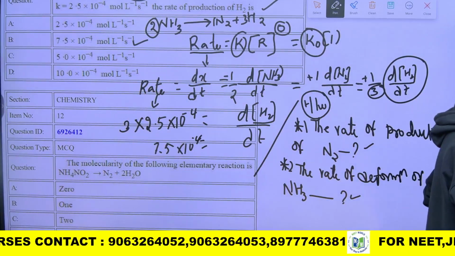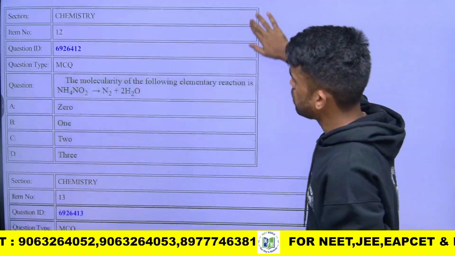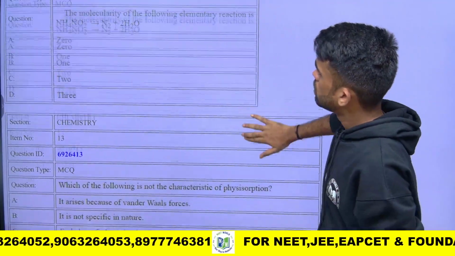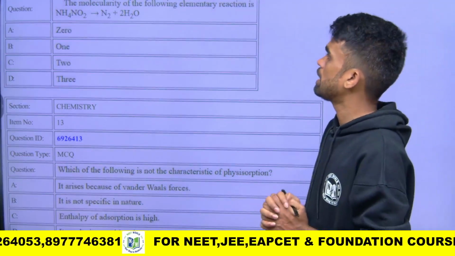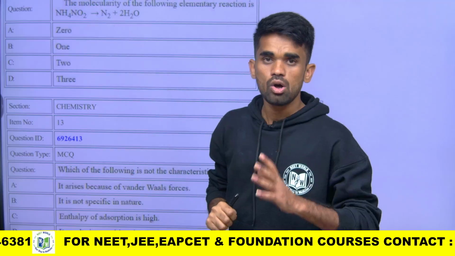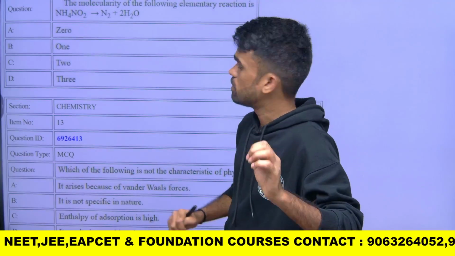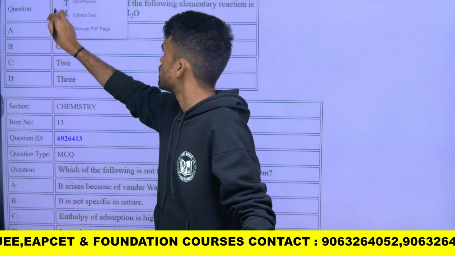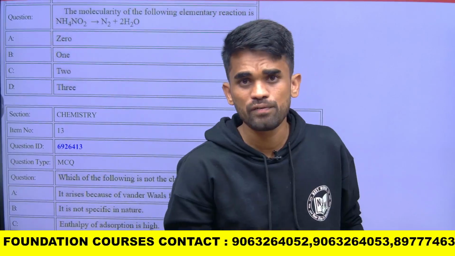Okay, let us discuss a few more things from chemical kinetics. Here we have question number 12, the molecularity of the following elementary reaction. They have mentioned it as an elementary reaction. Always remember, for elementary reactions, whatever coefficient is mentioned in front of a reactant will be its order.